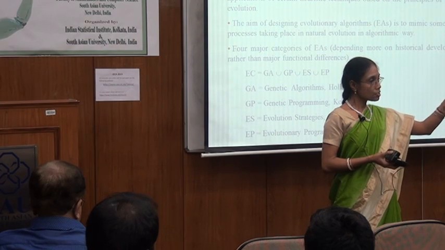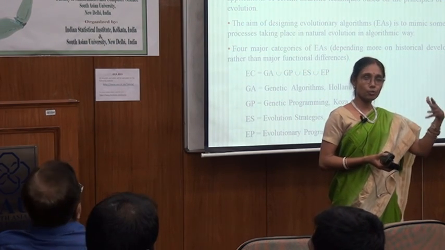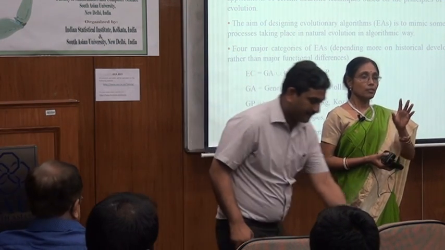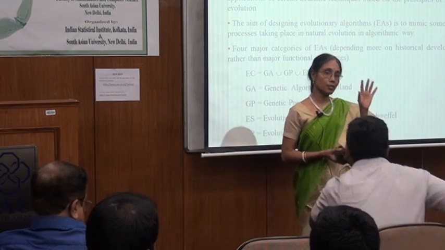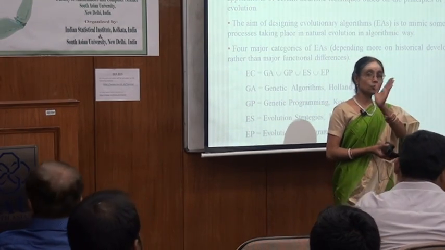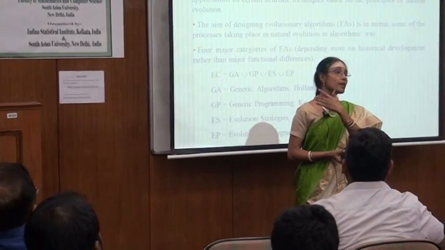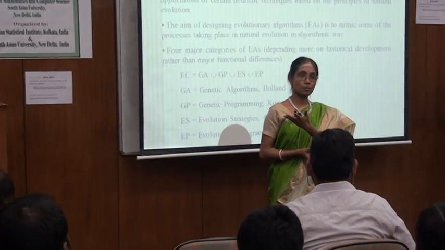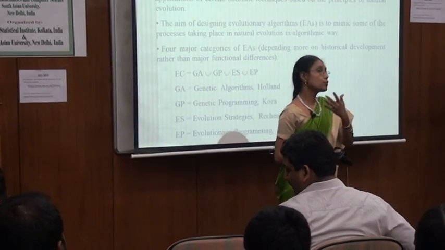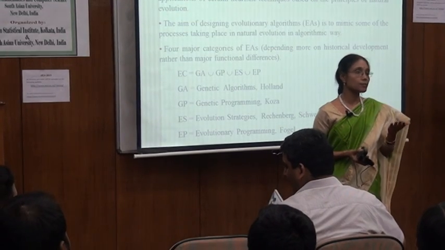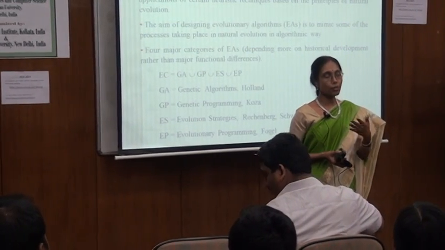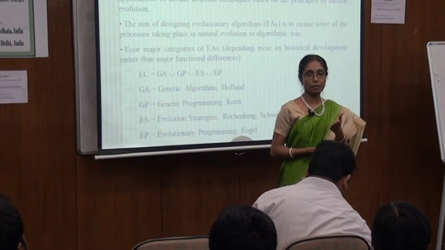So initially we will have a set of solutions, and then with the help of certain operators, we will try to produce better and better quality solutions. At the end, whatever we obtain, we will term this the best solution or near optimal solution or something like that.